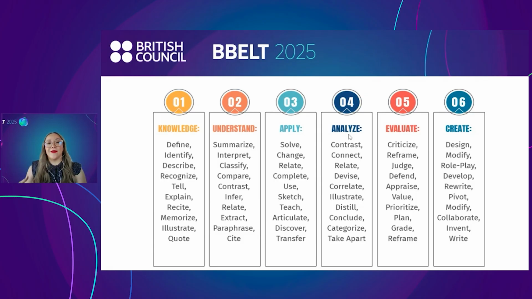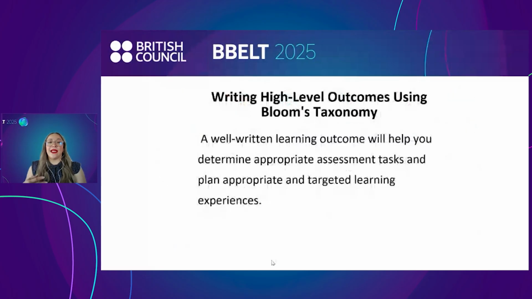This is going to give us a better idea of which verbs we can use when we are stating our objectives, so that they are better aimed at what we actually want our students to do in class. So when we are writing these high-level outcomes so that our lesson plans are better, we can use Bloom's taxonomy.